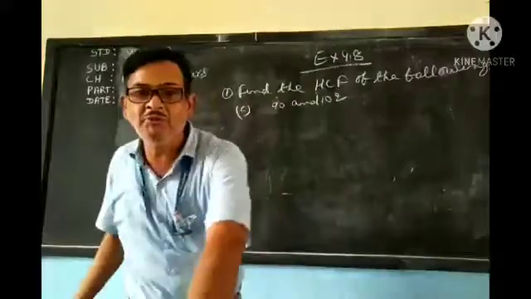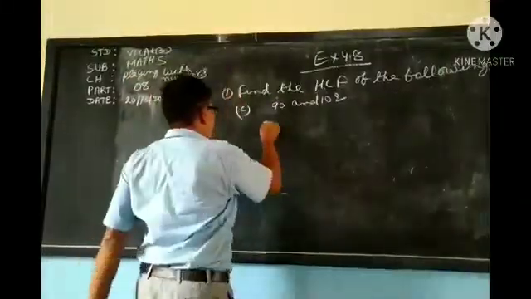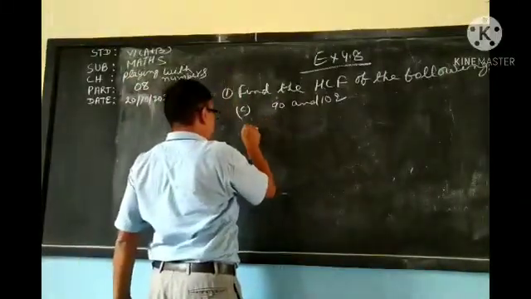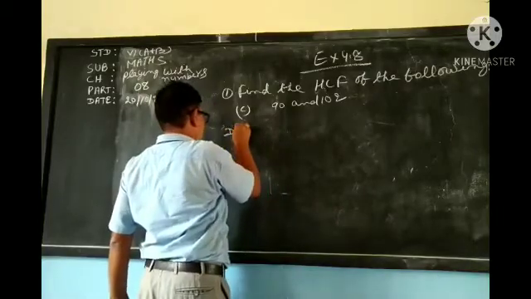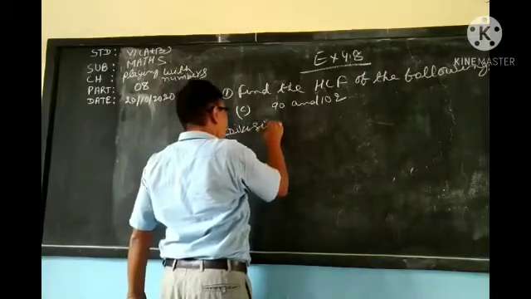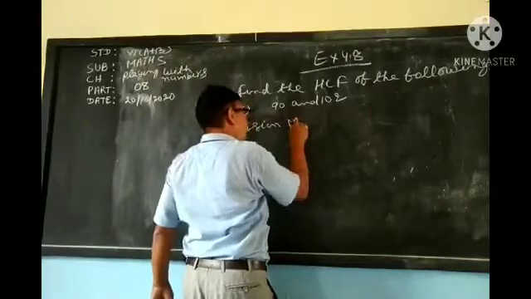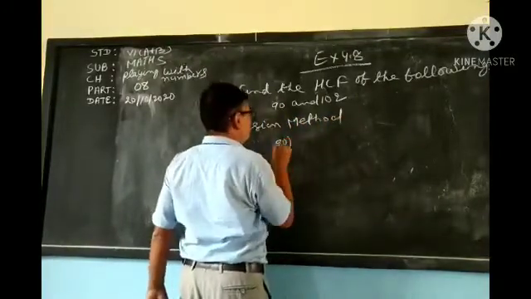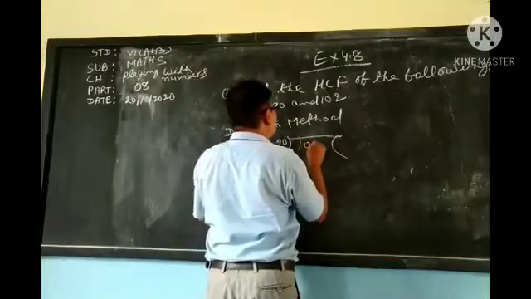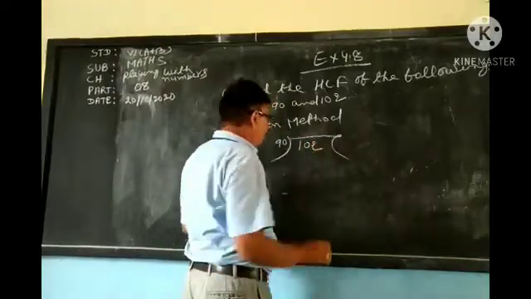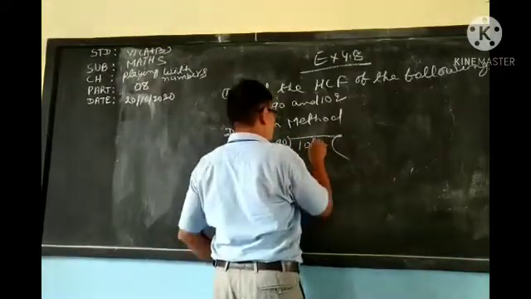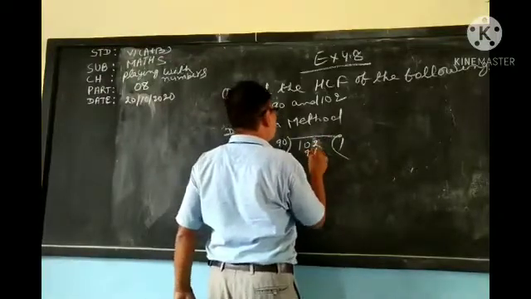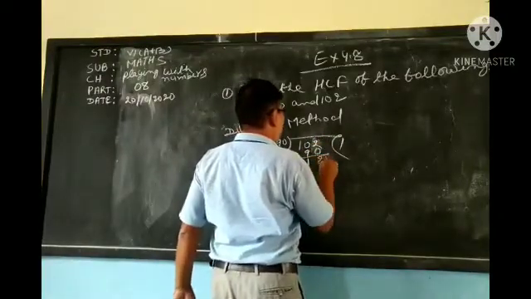So first I am using the division method. My dear students, 90 is there, divide 102 by 90. One time 90 will go.